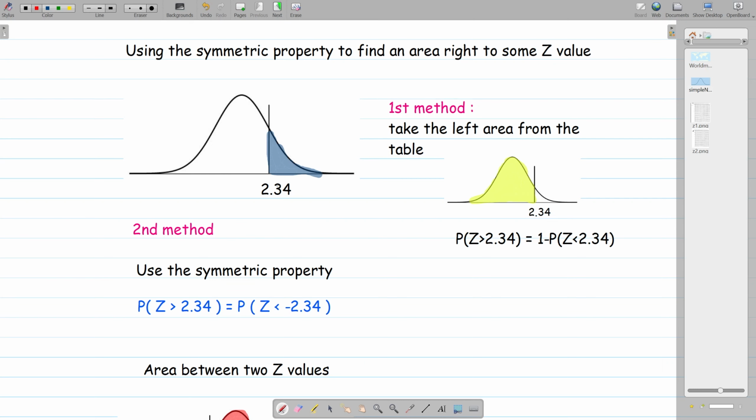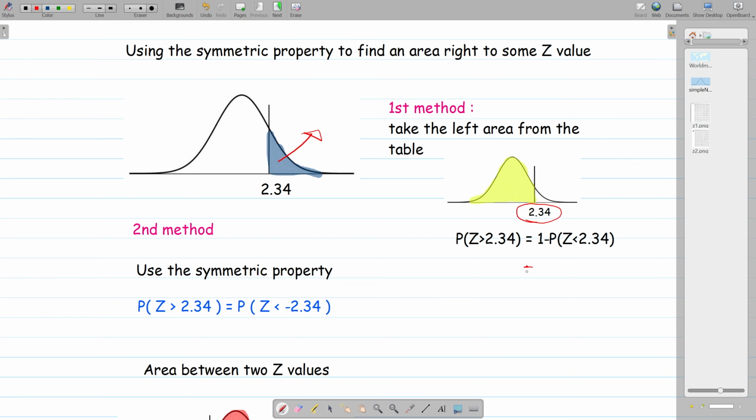In order to find this area, first we go to the Z distribution table where we can find areas for the positive values and then find the left side area for that z value, and we are going to do this calculation.